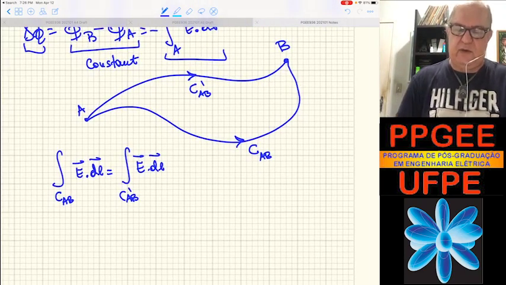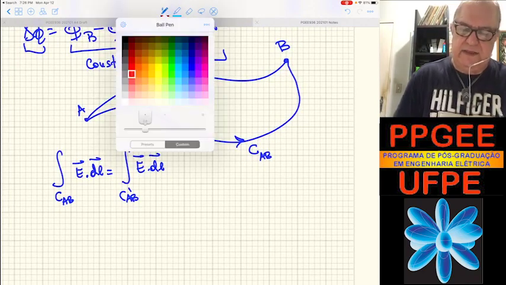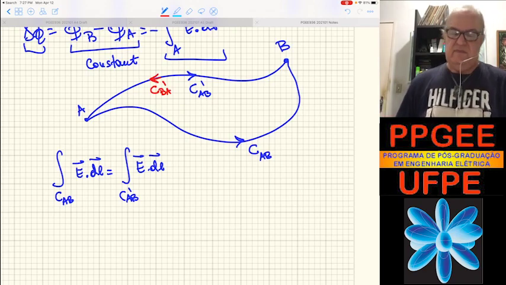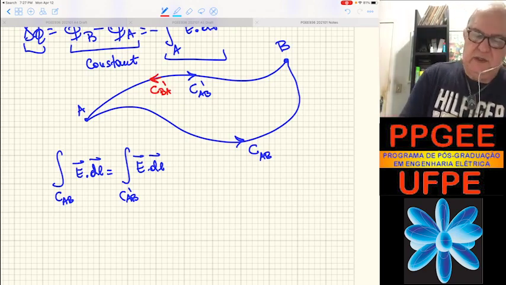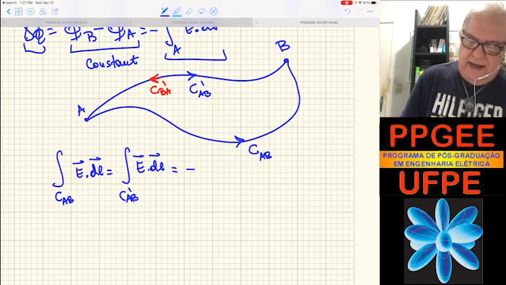But going through CAB prime is the opposite of going from B to A, which is, let's call it CBA prime, okay? So this integral here, CAB prime, equals minus the integral from CBA prime of E dot dl.